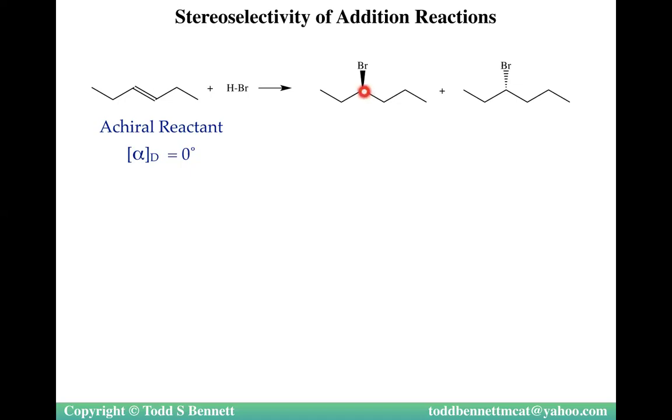As mentioned before, sometimes the H will go in back and Br will come in front, sometimes Br will go in back and H will be in front. If I do the chiral analysis, this is Br in front, it's priority 1, this is priority 2, this is priority 3. So 1, 2, 3. H is in back, so this is an R.